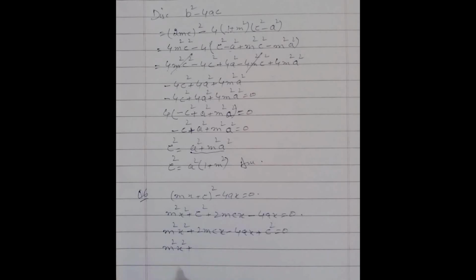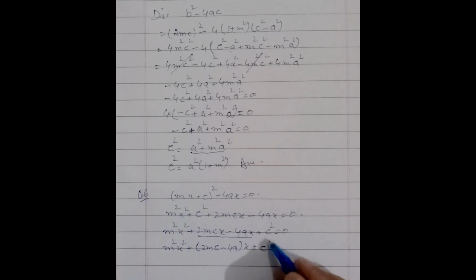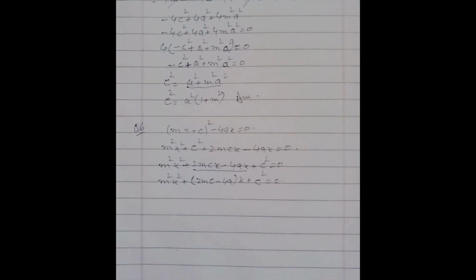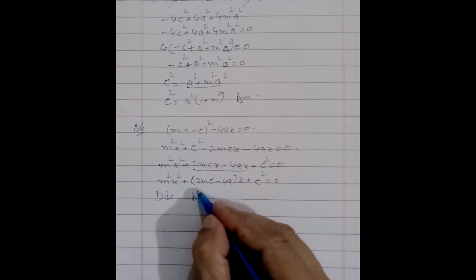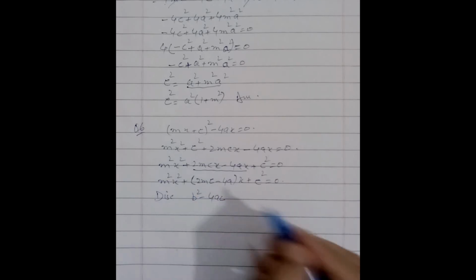m²x² plus, here we take common x, (2mc − 4a)x + c² = 0. This is the standard quadratic equation, and in this question we take the discriminant, which is b² − 4ac.